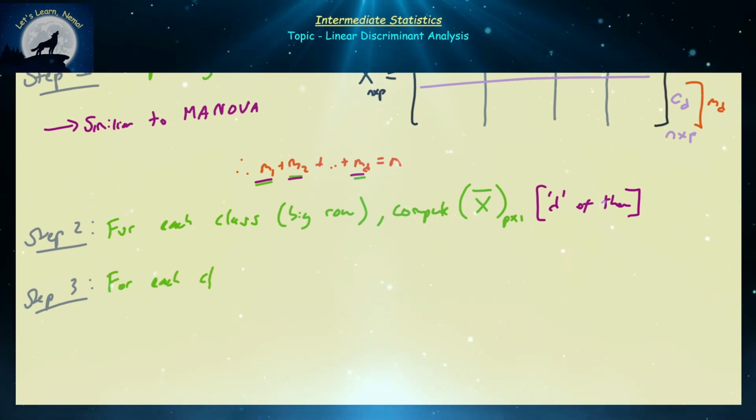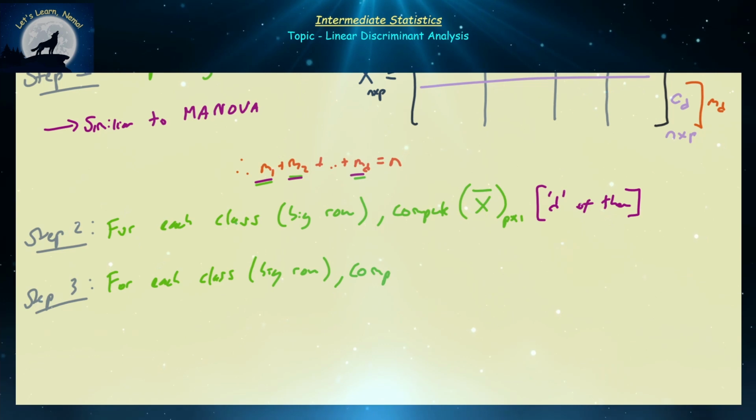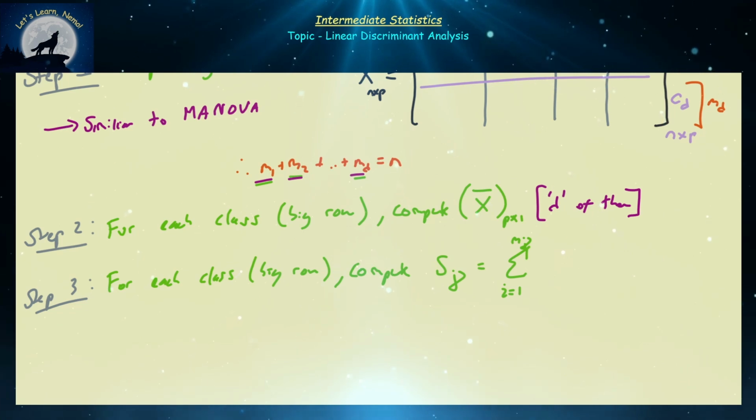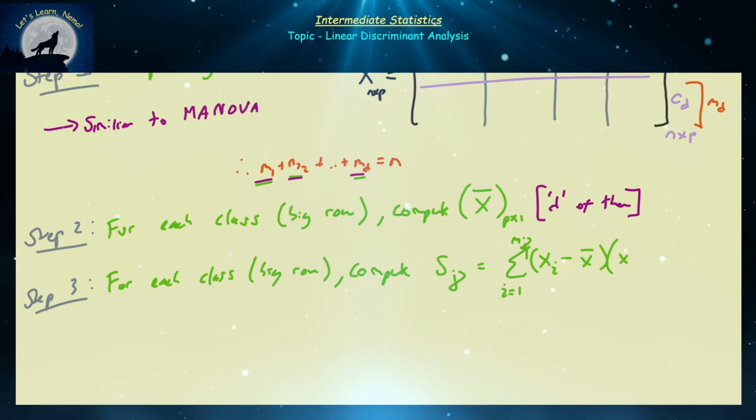Once we have those means, which are associated to each of the classifiers for our data, we're also going to do the following. So for each class, again, we're looking at the big rows in the picture that I drew. We're going to define this matrix Sj, which is going to be equal to a sum from i equals 1 to mj of your xi minus x bar j times xi minus x bar j transpose.